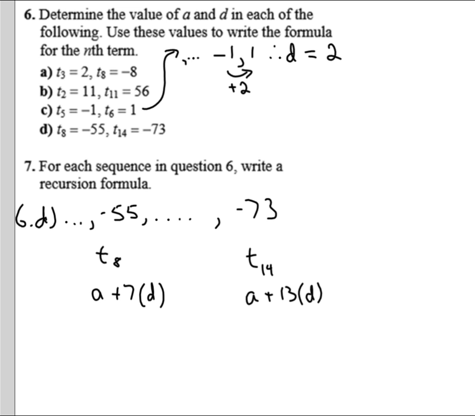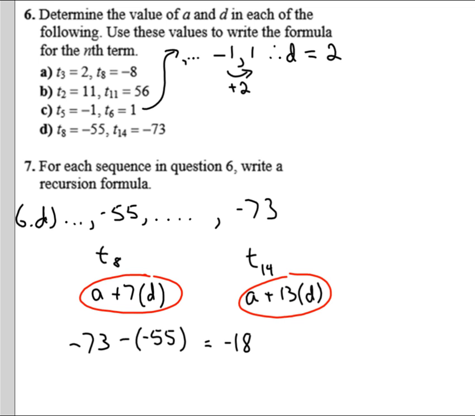So let's look at the difference between negative 73 and negative 55. Negative 73 plus 55 would be negative 18. What we've really just looked at is the difference between this and this.